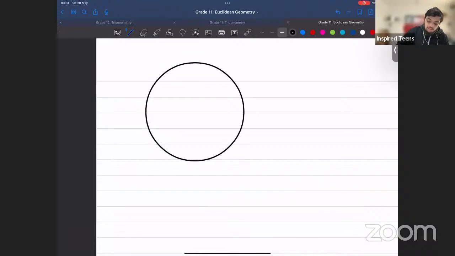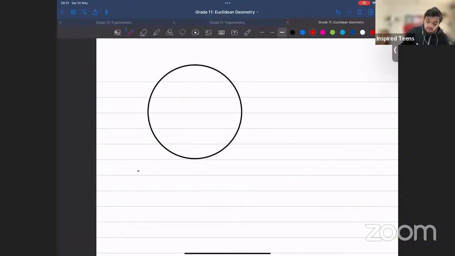Firstly, I'm going to draw in my tangent. Let's just say it's at A, where this tangent line makes contact with the circle. So the tan-chord theorem involves a tangent and a chord.